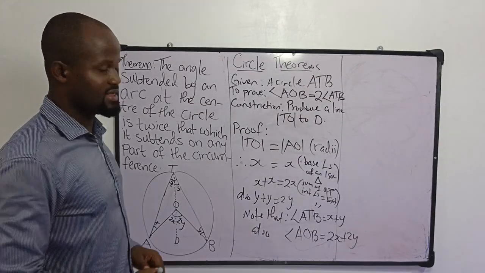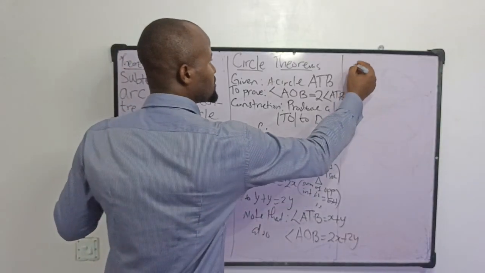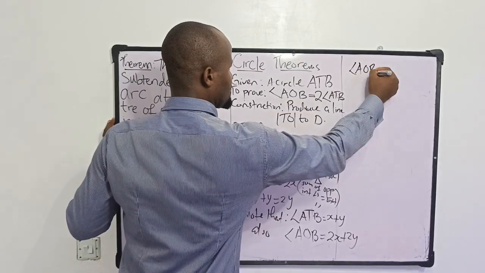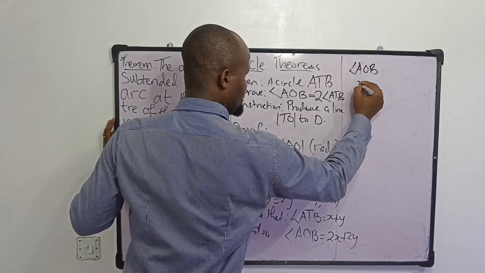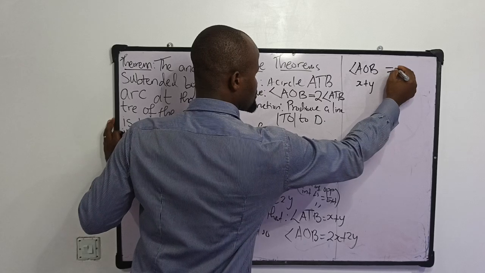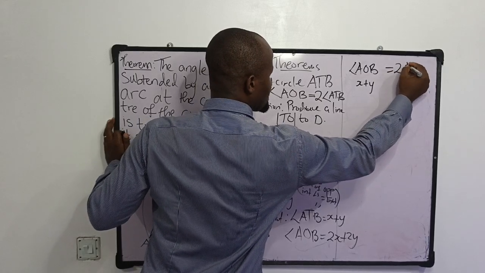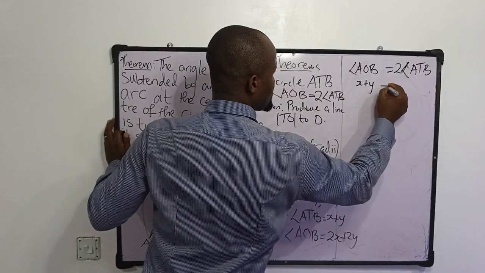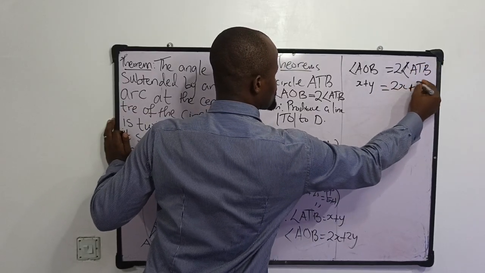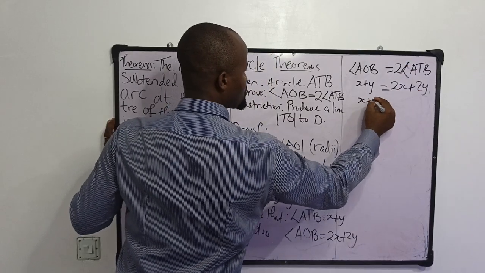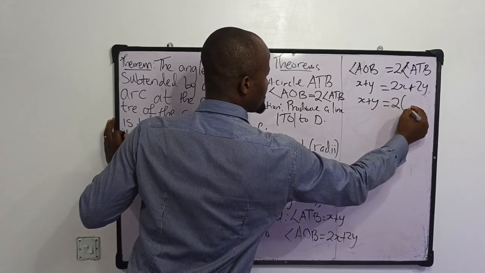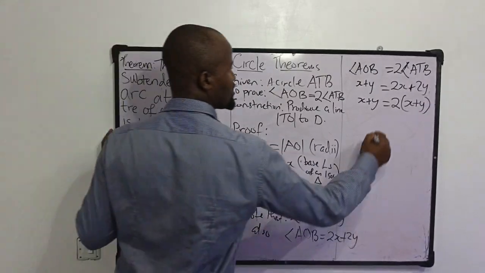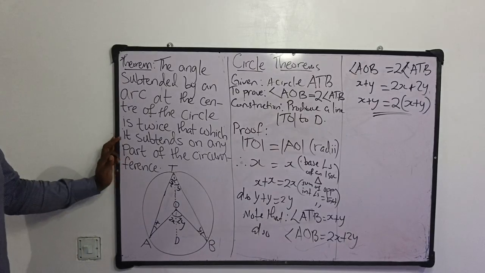Now this means that angle AOB, which is 2x plus 2y, equals 2 angle ATB, which is x plus y, and that is our proof. 2 open the bracket, x plus y. As simple as that. This proves this theorem.